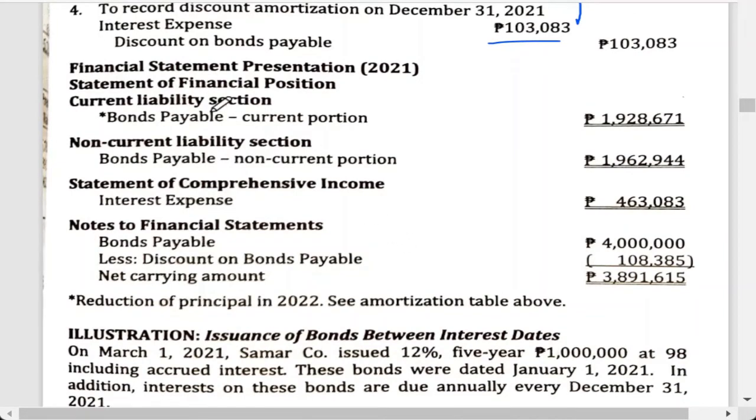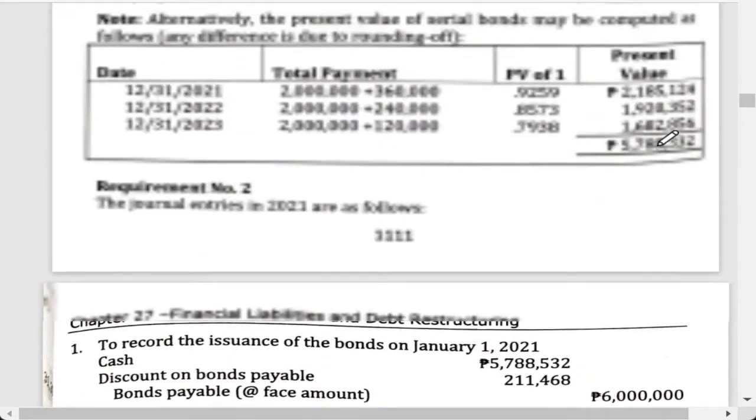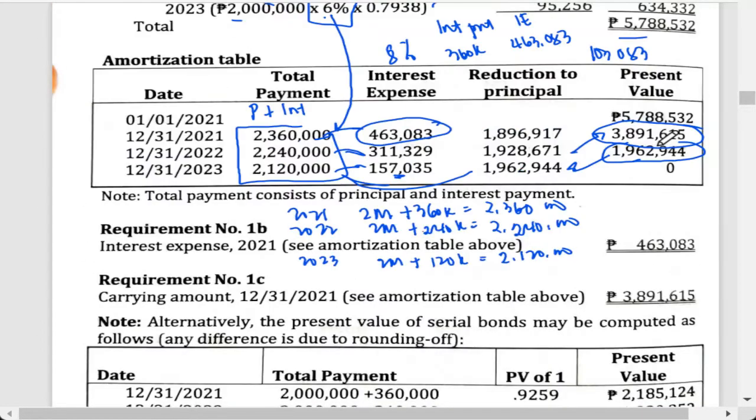How to present this in the financial statements. In your SFP, you have the current liability section, the current portion, 1,928,671. Let's go to the table. Where does it come from? Okay, this is the current portion, 1,928,671, which matures next year, after 2021.